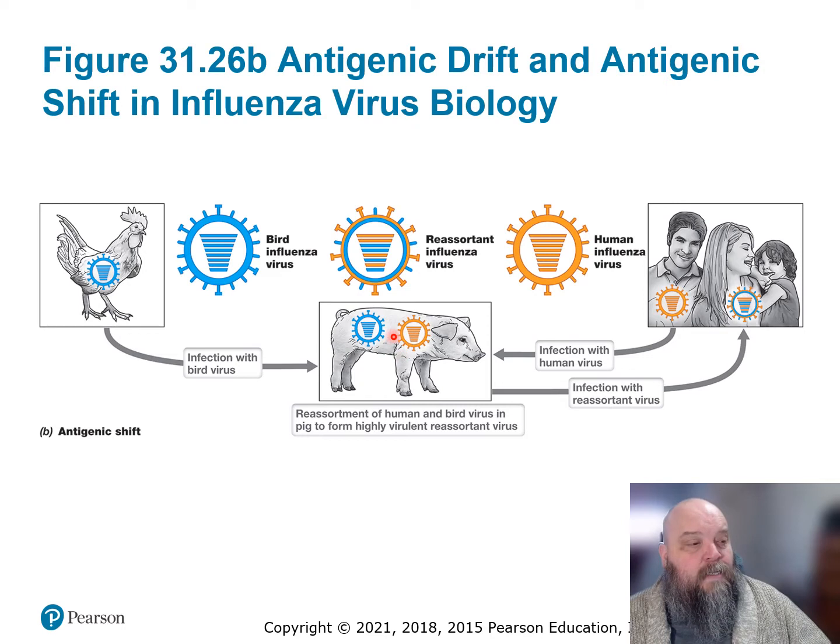The pig also gets infected at the same time with a human flu. Big shift. You now get this reassorted something new that all of us can get infected with.